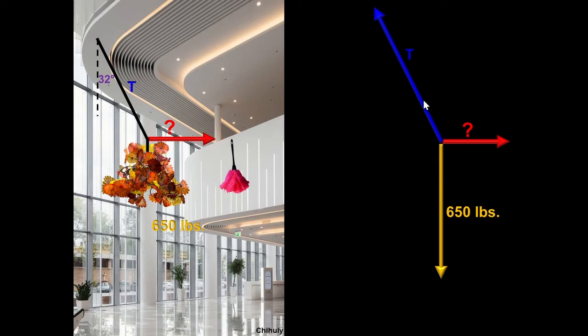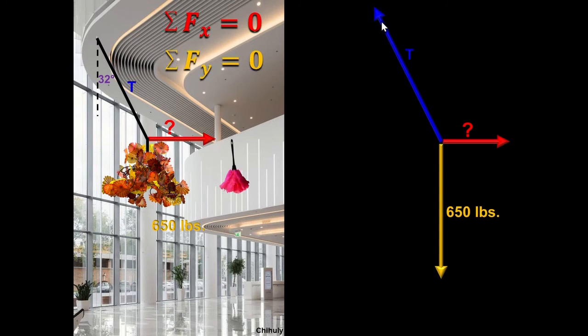We've got the one rope pulling off in this direction, another rope pulling off in that direction, and gravity pulling down with 650 pounds in that direction. That's your free body diagram. If you're asked to draw that on a quiz or a test, that's what you draw. But remember, the sum of the forces in the x direction has to equal 0, and the sum of the forces in the y direction equals 0.